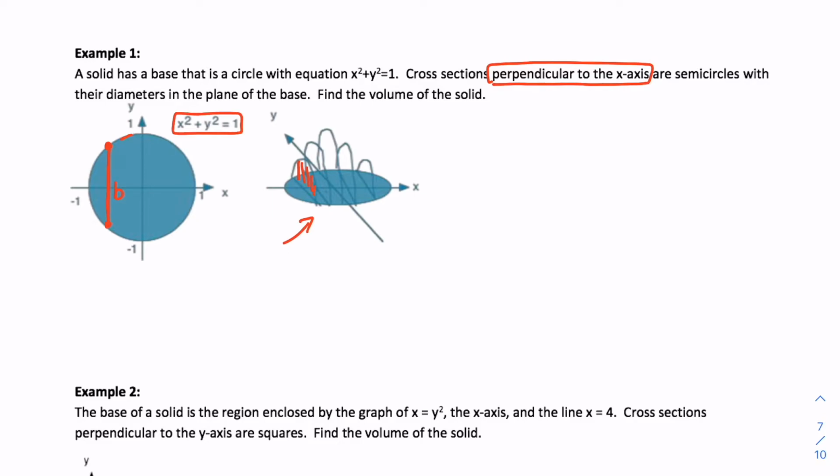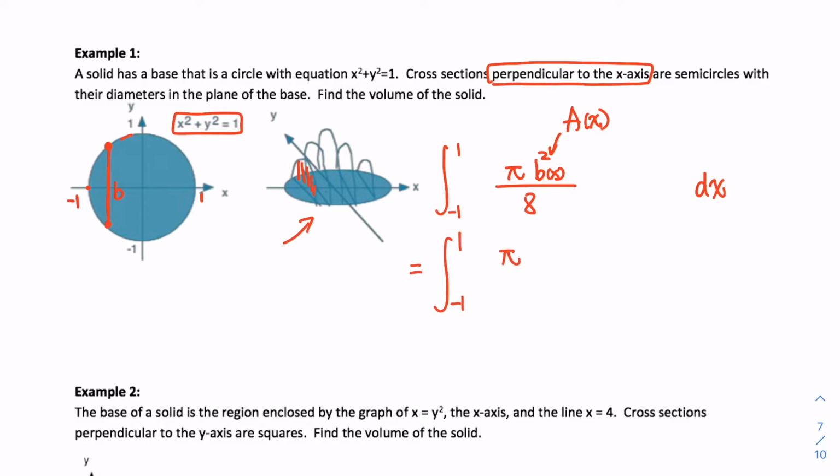If you look at this one, we are going to integrate along the x direction from -1 to 1. So integration from -1 to 1 dx. Inside will be the area as a function of x. The area will be the semicircle area, which is pi b of x squared over 8. Now what is b?